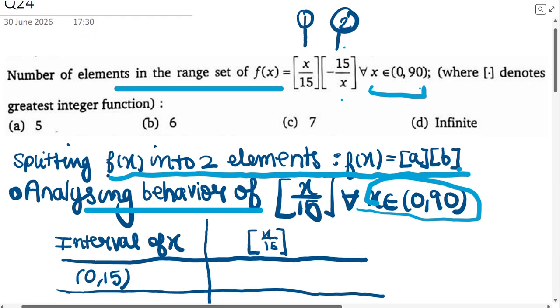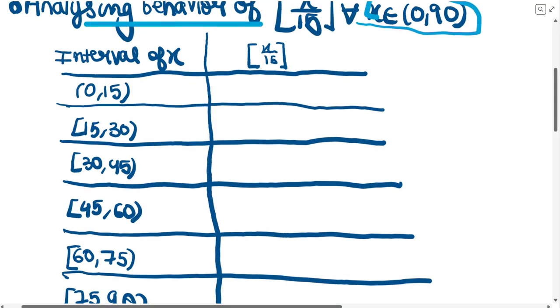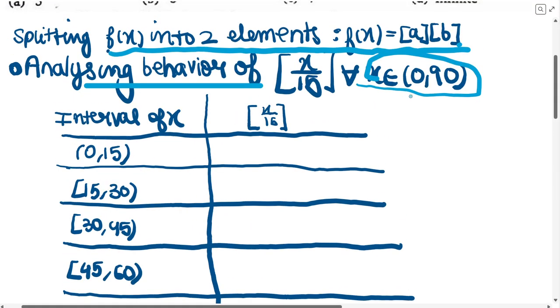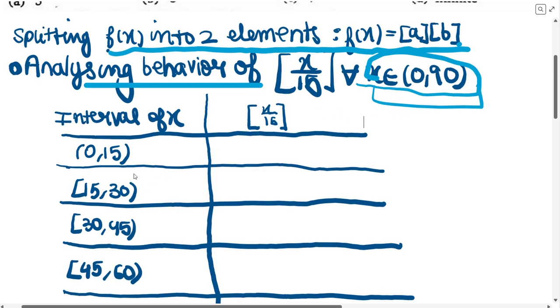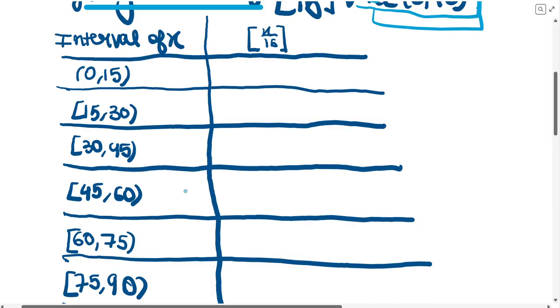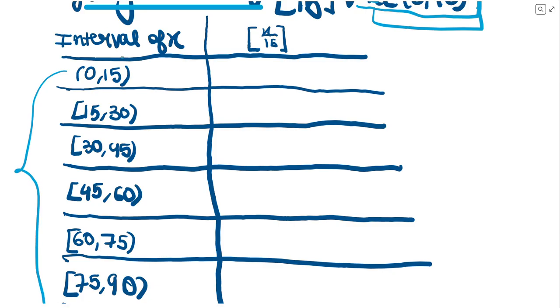Okay. So now I have defined several intervals. Since this bracket is not so big, we can write all the possible intervals, right? We don't need to find a certain pattern here. We can look for every solution, right? All right. So when x is less than 15, this function is going to have some 0 point something kind of value, less than 1, right?